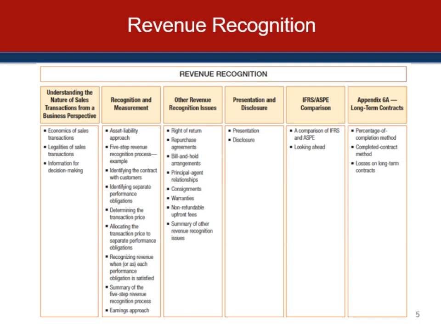So some key distinctions within the economics of sales transactions would be identifying what is necessary to understand the type of business to determine how to account for its sales transactions. So it's important that you understand what kind of business you're in.